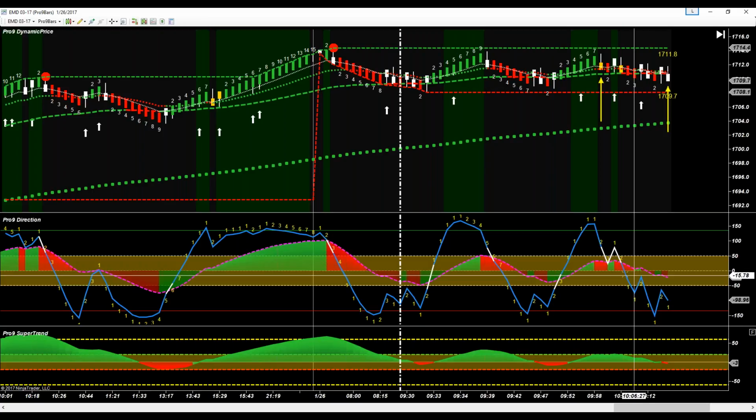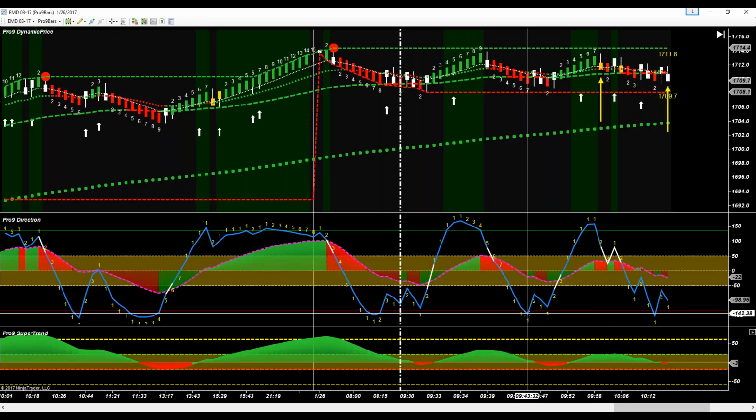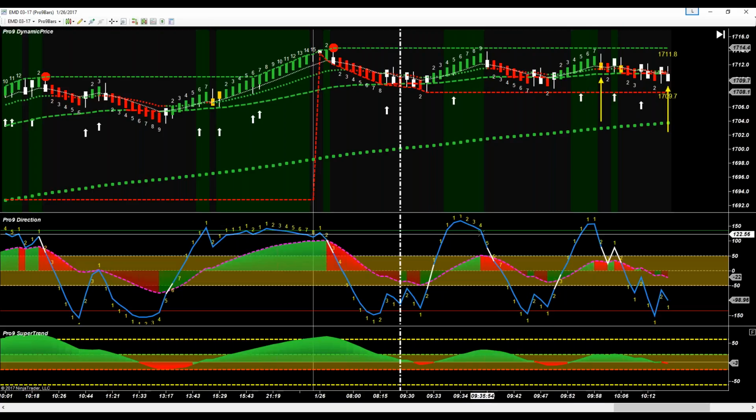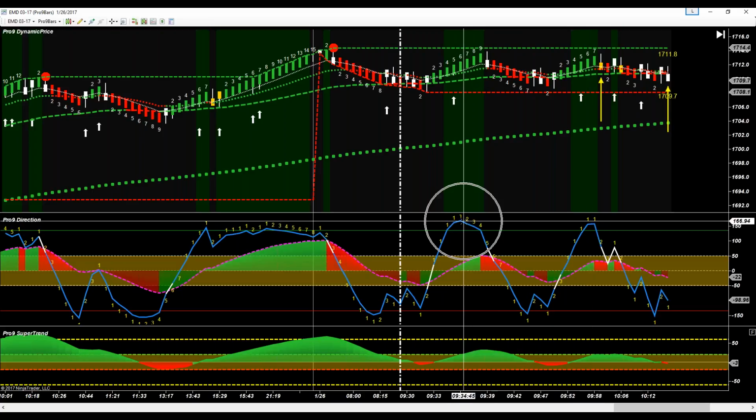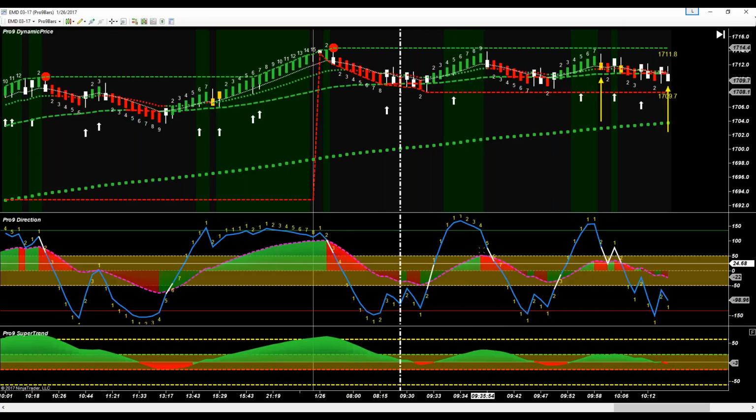And the strongest sign that we're heading into a choppy market is our blue line. Now, we really want to see this blue line traveling from our extreme zones, which would be this green line up here and this red line down here.